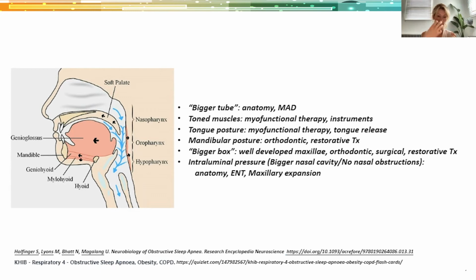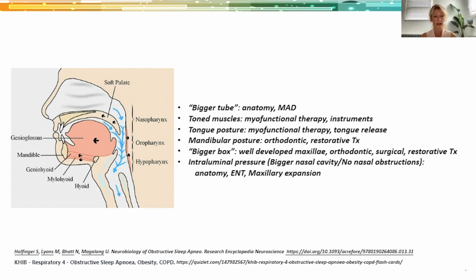And the other way around, if the pressure inside is high, it keeps it open, which is why those CPAP machines work so well, because they blow air into the tube and keep the pressure high and the airway patent. So we always have to encourage our patients to use their CPAP machines, because this works 100% of the time when the patient is using it, and works immediately, and it's for their health benefit.